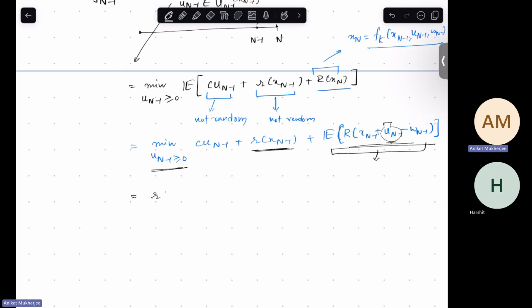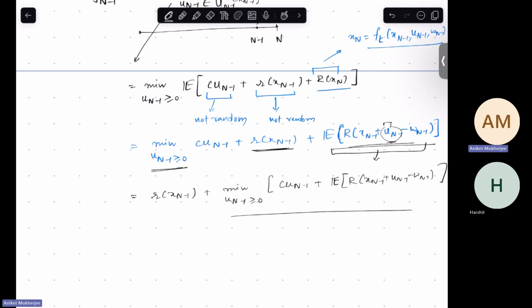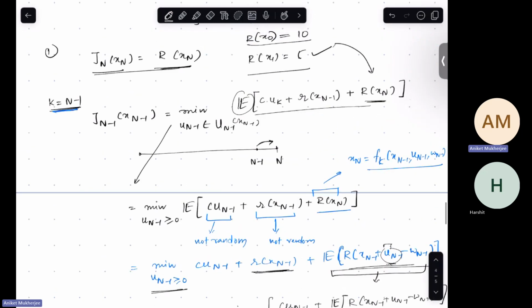So basically you can take out r(x_{n-1}) plus minimize over u_{n-1} greater than or equal to 0 of c u_{n-1} plus expectation of r(x_{n-1} plus u_{n-1} minus w_n). This is we'll simplify till here.